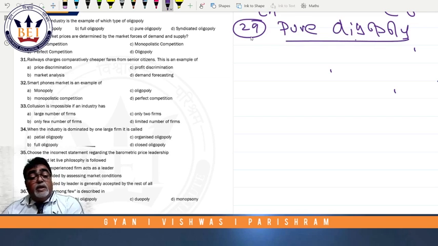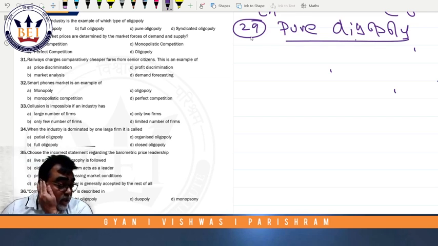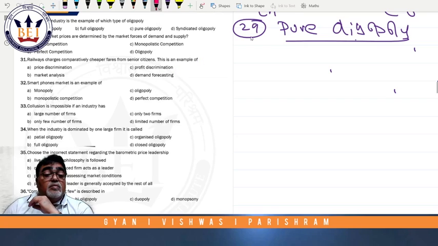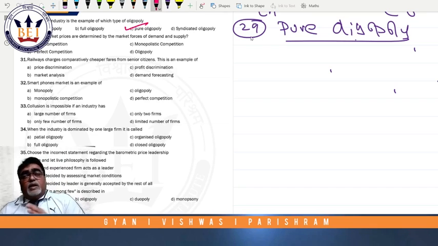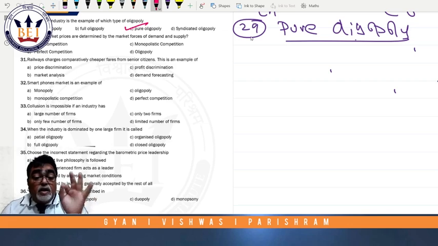Pure oligopoly is nothing but where we get homogeneous product for the industries. Answer for question 29 is pure oligopoly. There are different types of oligopoly: collusive, non-collusive, partial oligopoly, syndicate oligopoly, pure oligopoly. These are parts. Here we are talking about homogeneous product, that is pure oligopoly.